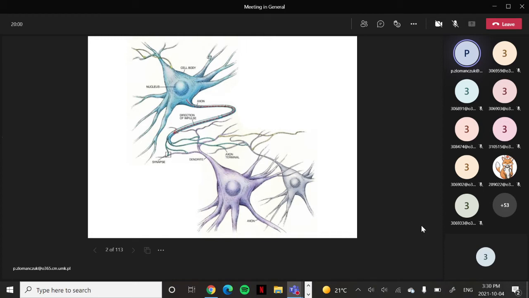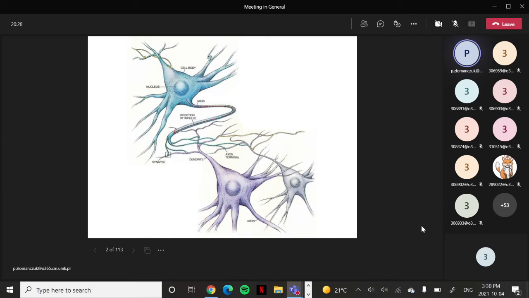So you have a lot of messages coming in. They get analyzed in the cell body. In classical neurophysiology, it was understood this way, and it's still true in many systems or in many neurons. And then it gets sent via the axon towards other cells or different levels of the nervous system.